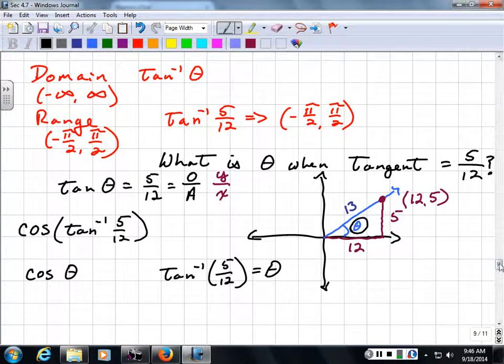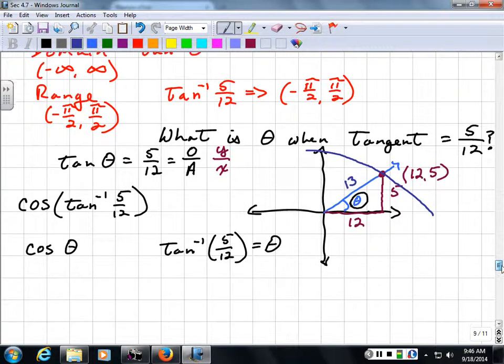Okay? So this setup, this right triangle trigonometry here, is also a circle that has a radius of what? 13.